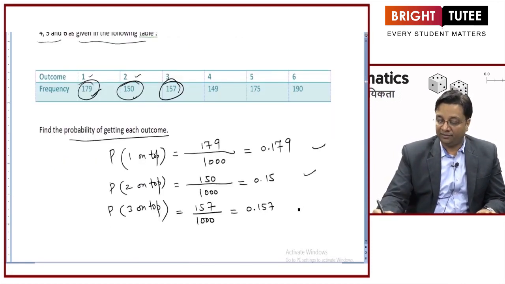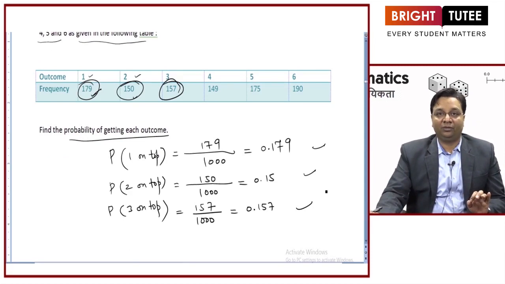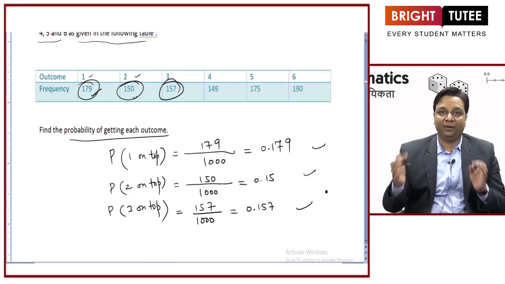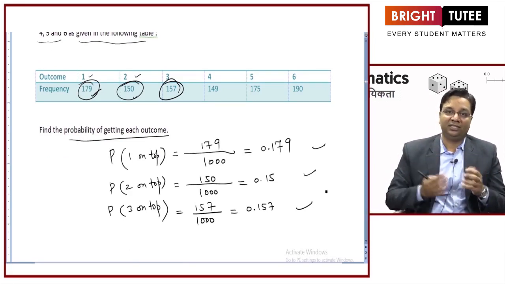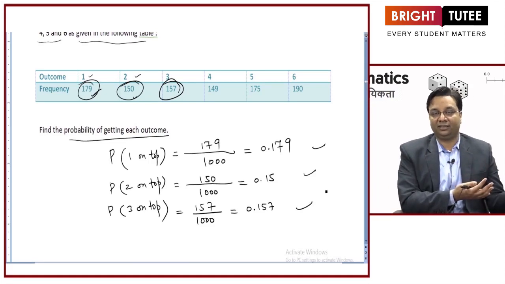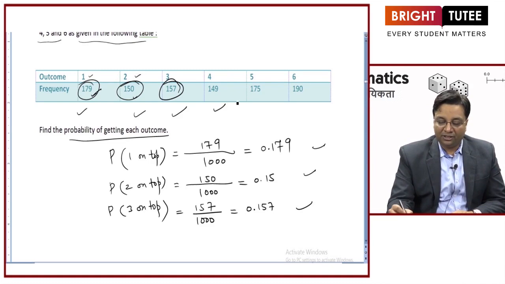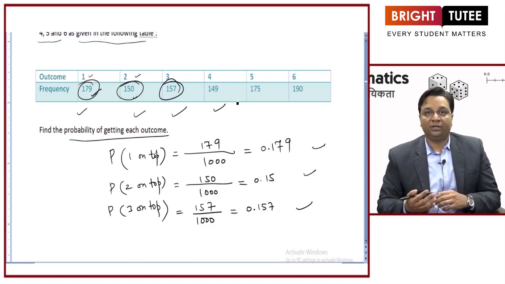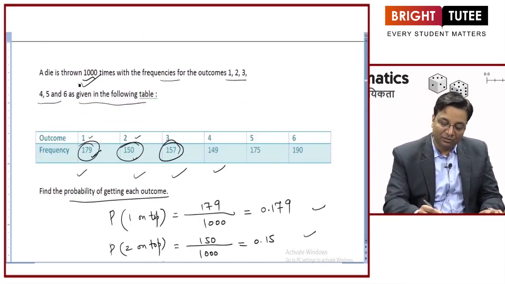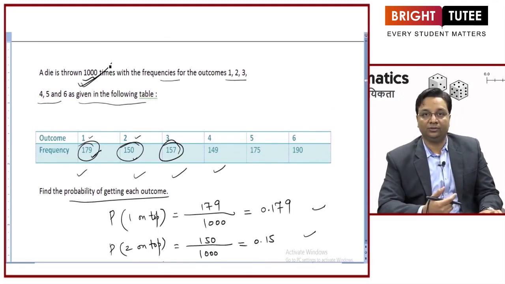You need to keep in mind that these probabilities that we are calculating are experimental probabilities. These depend on the outcomes that we achieved while performing the experiment, right? So these are the frequencies of 1 coming on top out of these 1000 throws.